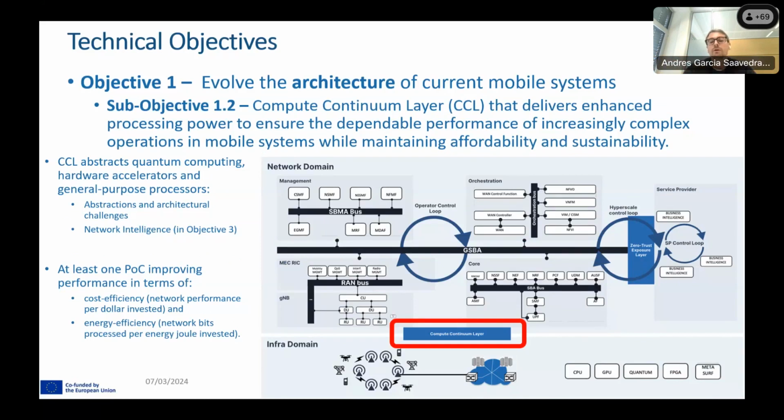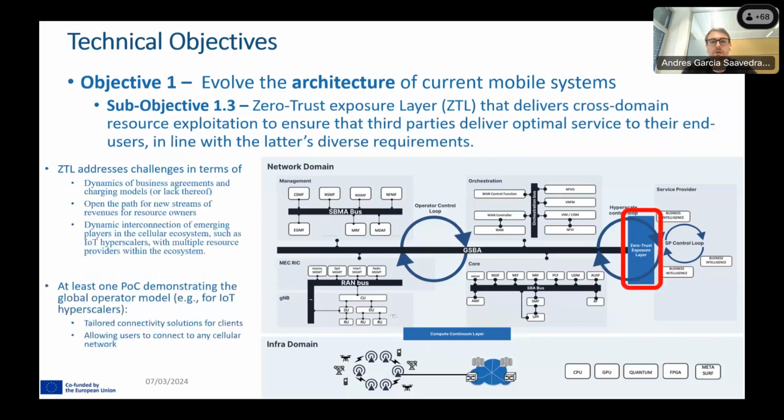We would like to build abstraction layers, so different vendors and developers can build on top of this heterogeneous computing fabric without caring too much about what's underneath, but with performance guarantees, which are critical for many problems and operations in mobile networks, for example, base stations for signal processing and things like this.